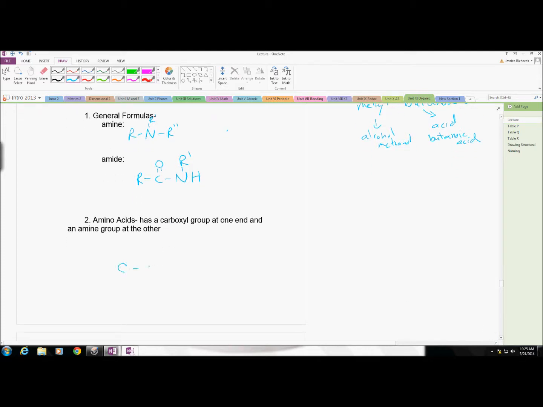So if you see a structure that looks like this, students often get confused because they see the nitrogen, they see the double bonded oxygen, and so their first reaction is to say it's an amide. But there's this extra oxygen here. So if we look closely, this isn't just an amide, this is a COOH.